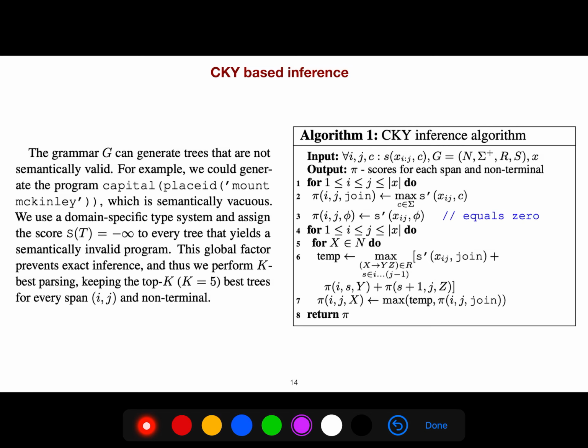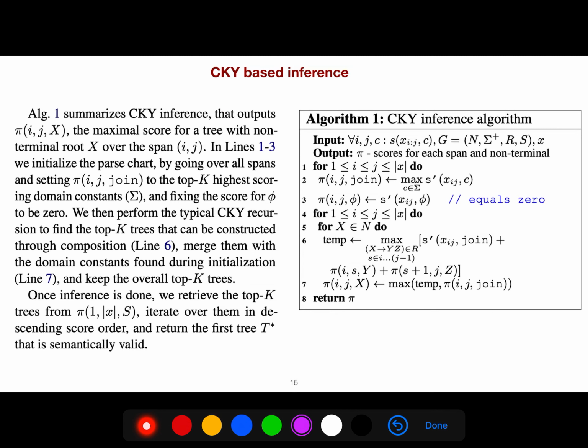And we use a domain-specific type system and assign a score of -infinity to every tree that yields a semantically invalid program. And another thing that we should note is that once inference is done, we retrieve just the top k trees from this pi.